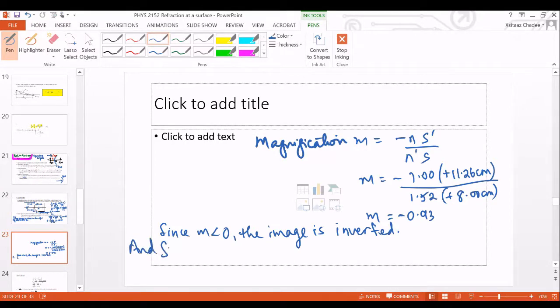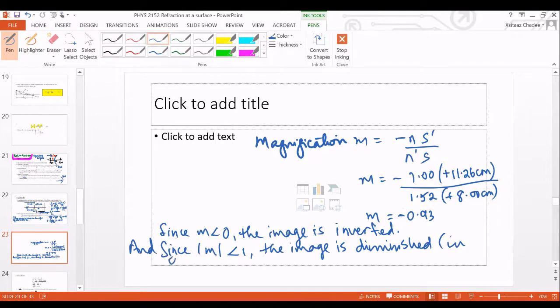And since the magnitude of m is less than 1, image is diminished. And remember, this is in comparison with the object. Right, so the image is inverted in comparison with the object as well.